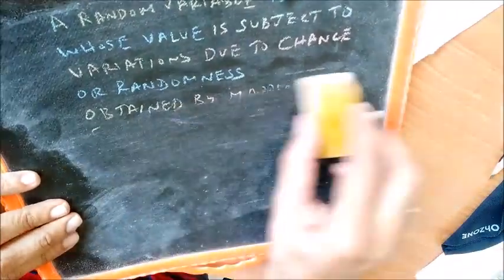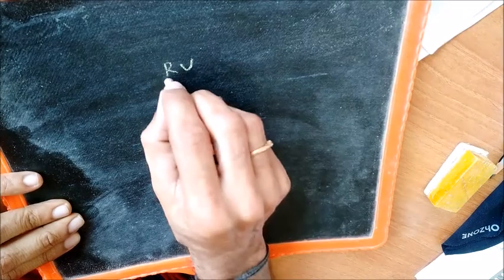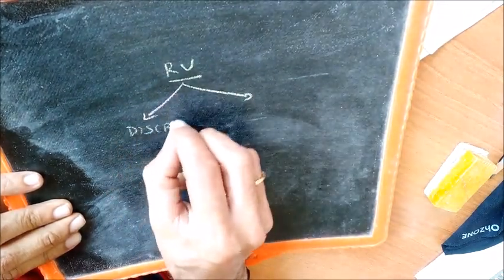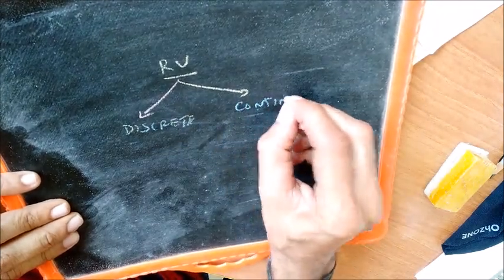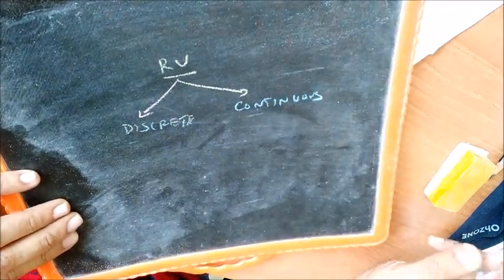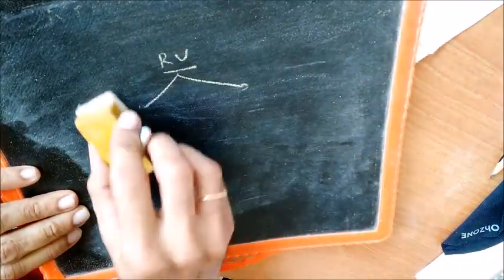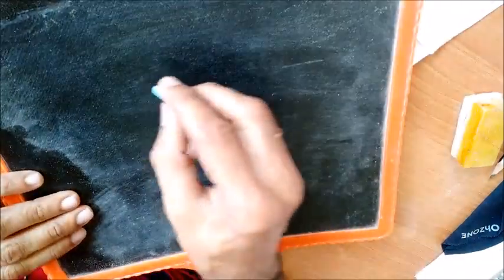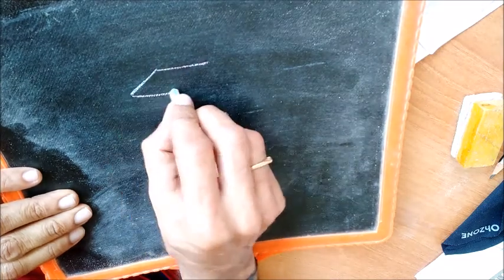Now, broadly classifying, there are two types of random variables possible. One is a discrete random variable and the other one is continuous. Now, I will give a very simple example of a discrete random variable. This must be sufficient to refresh your ideas of random variables.